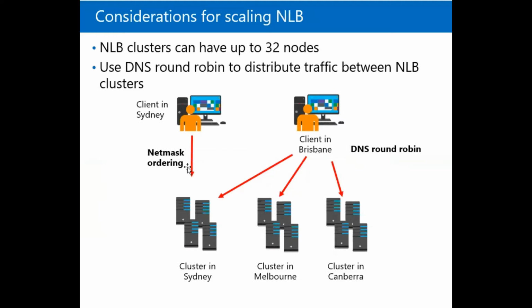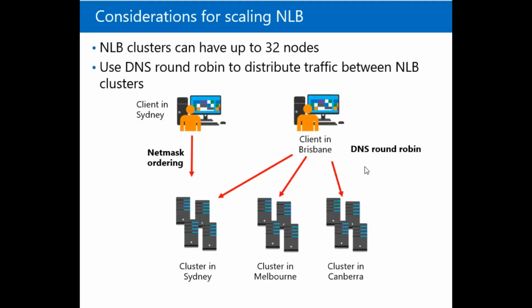Netmask ordering means close proximity. That means it will measure the client subnets and send the client to the closest subnets. So netmask ordering and round robin work together in this way.